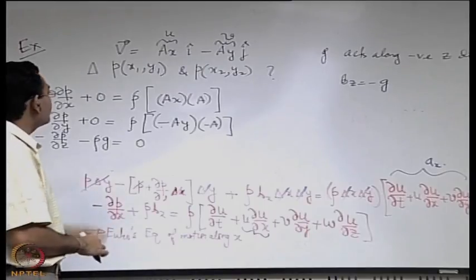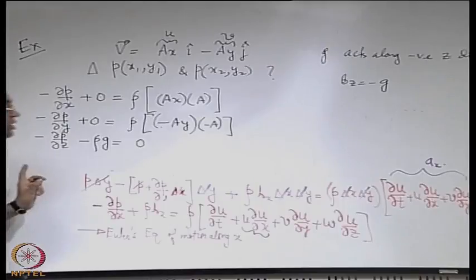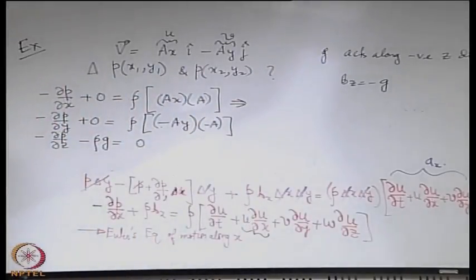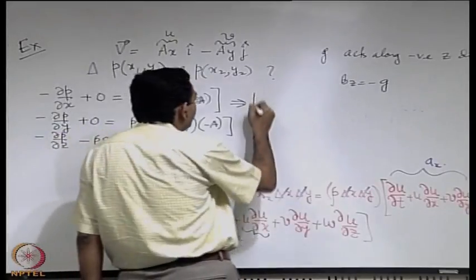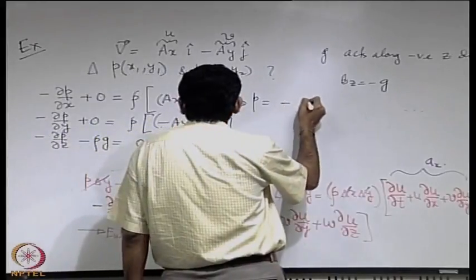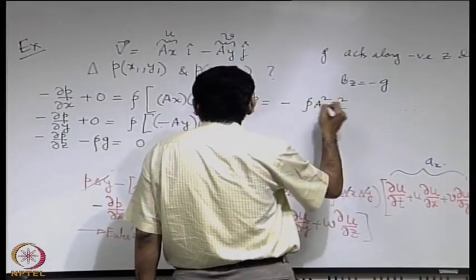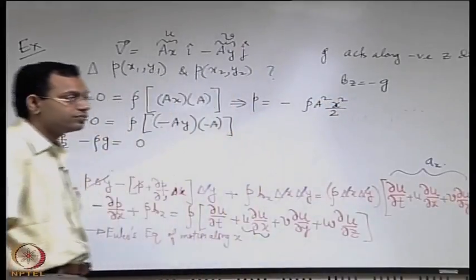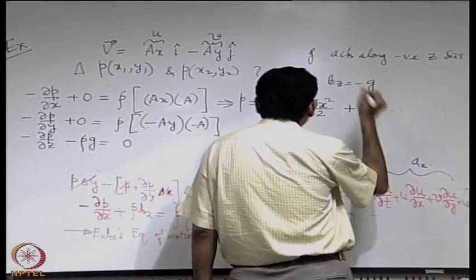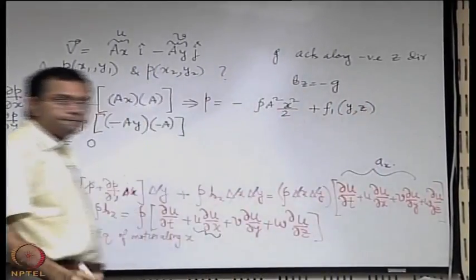So it is possible to integrate these expressions to find out how p varies with x, y and z. Let us integrate this one with respect to x. So we get p as minus rho a square, x dx will become x square by 2, plus a function of y and z.